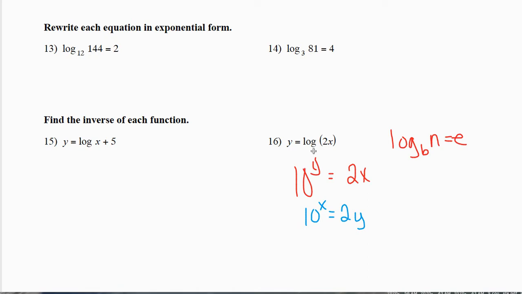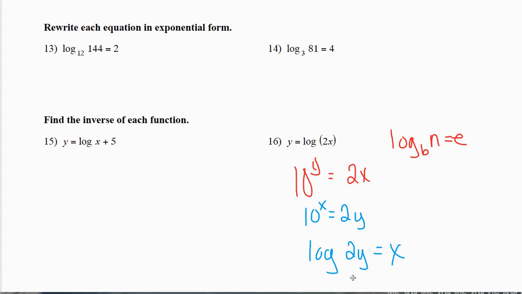And then we can rewrite it in exponential form or log form, which is simply going to be the log of 2y is equal to x. And you can see, really, we did the long way for just flip-flopping x and y here.